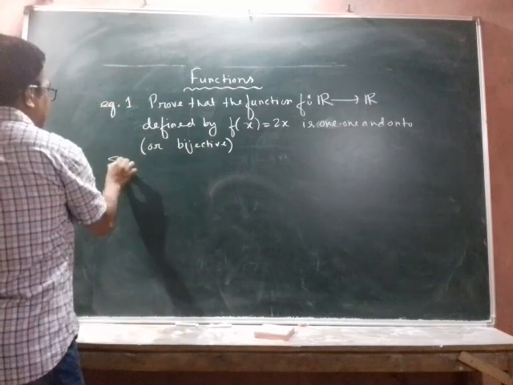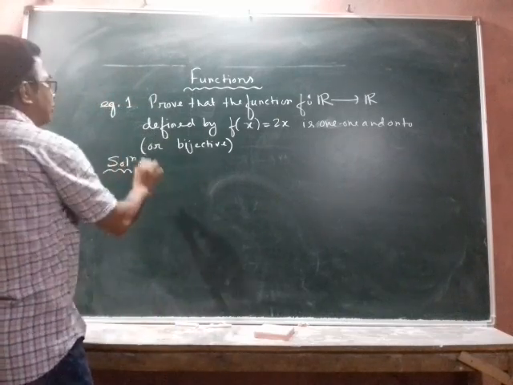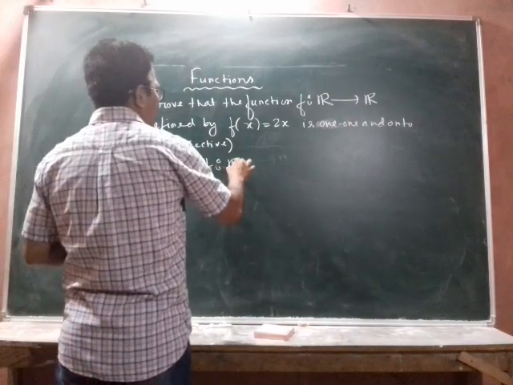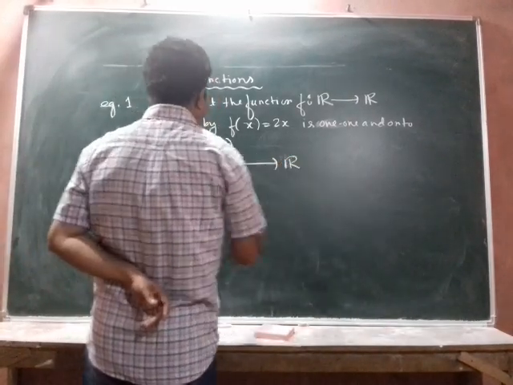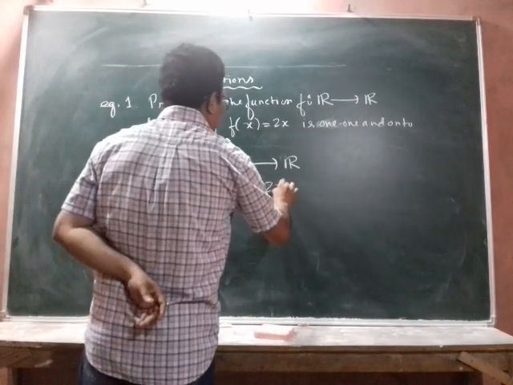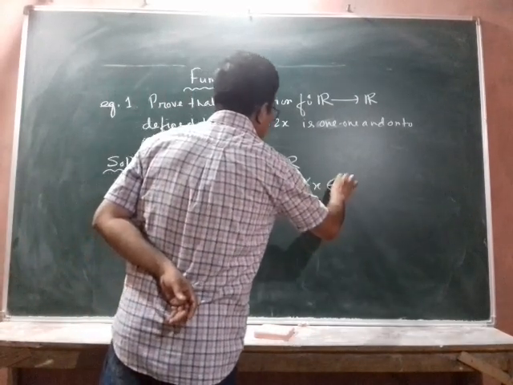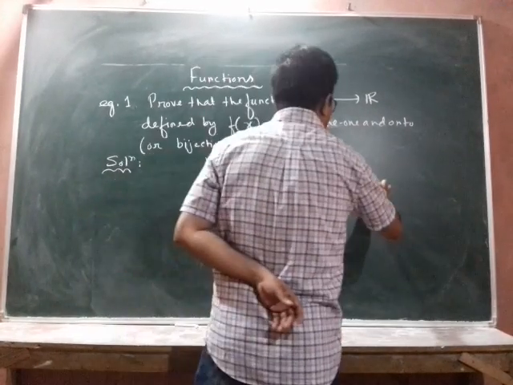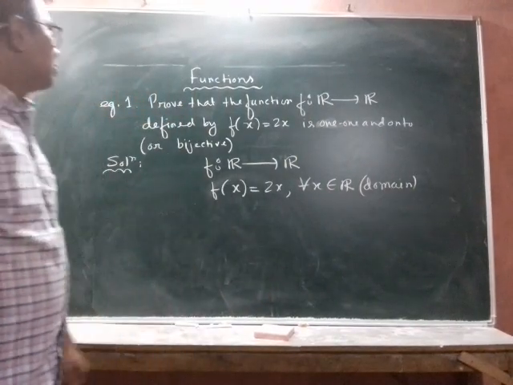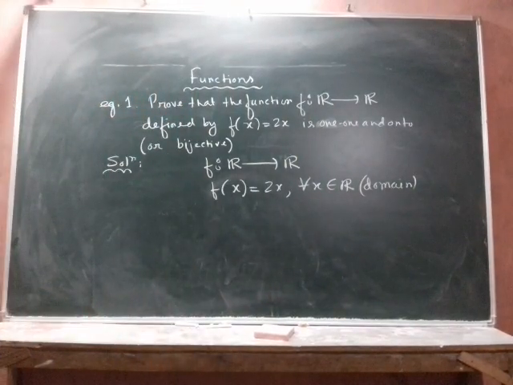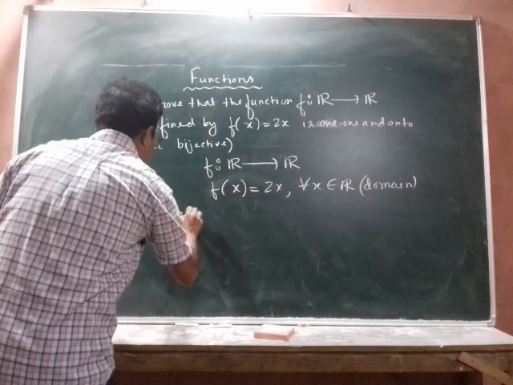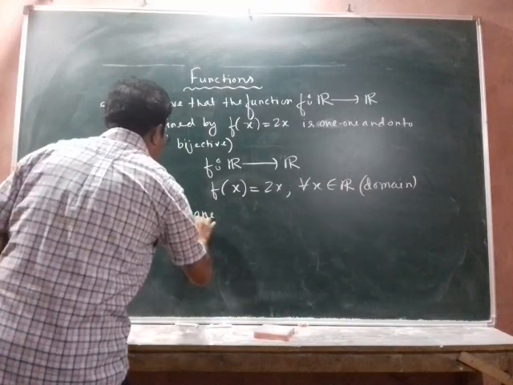So we are given that f is a function from real numbers to real numbers, and it is defined by f(x) = 2x for every x belonging to the real number domain. We are going to prove it one by one. First one is 1-1.